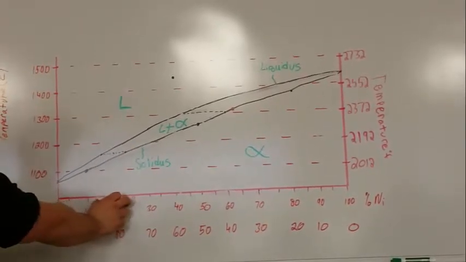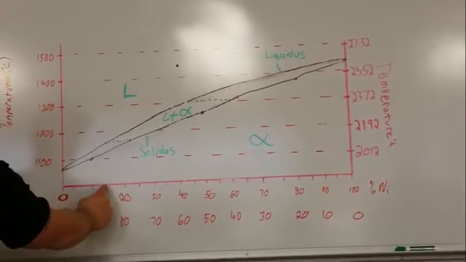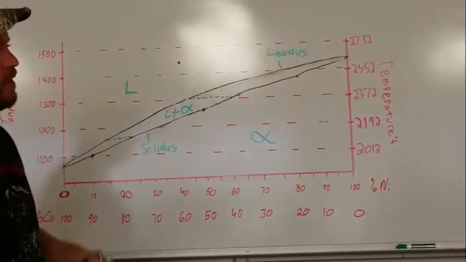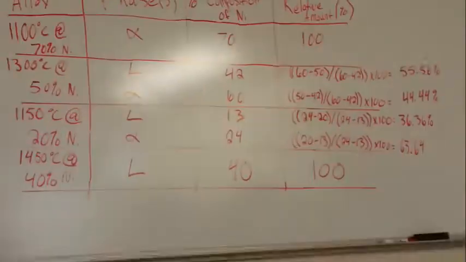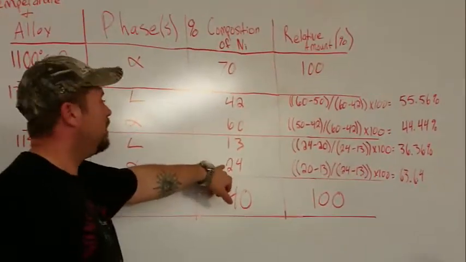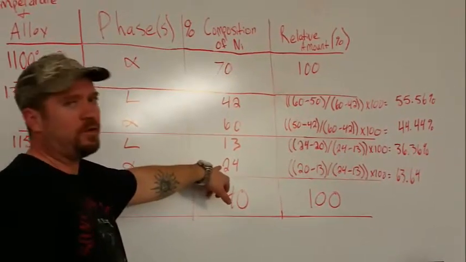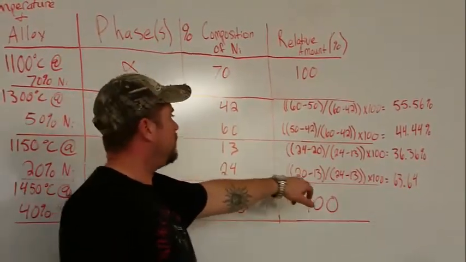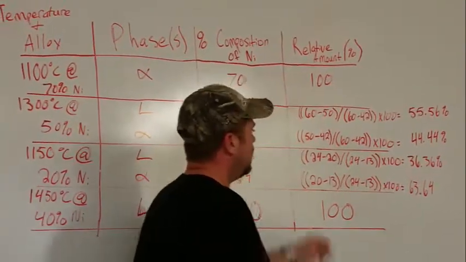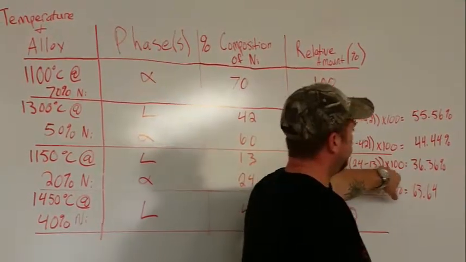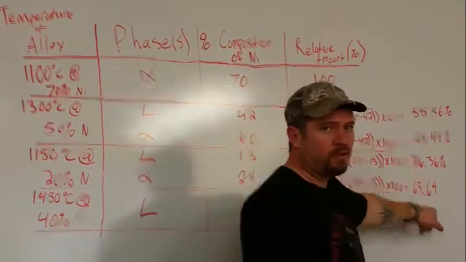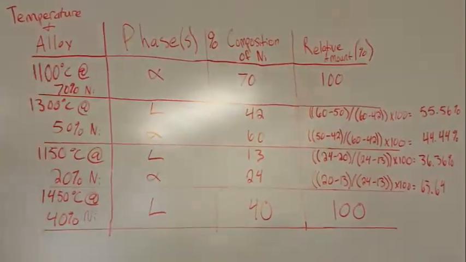I find out that I'm at about 13% liquid nickel, and I'm at about 24% alpha. So again, that means 13% of the liquid is nickel, 24% of the alpha is nickel. The relative amounts would be 24 minus 20 divided by 24 minus 13. Multiply that answer by 100, get 36.36%, leaving us with 63.64% for the rest of the relative amount.